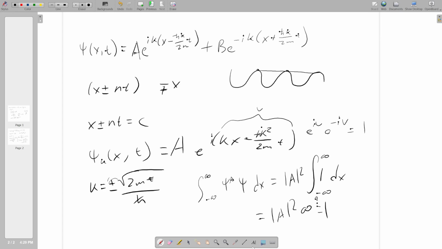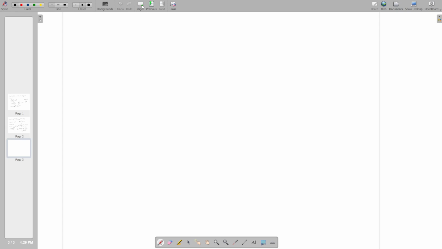We get a range of k's, not just a specific value. And so you'll often see this called a wave packet. And so you'll often see, if I can draw this out, let's see if I can draw this. Yeah, there we go. That's my best drawing approximation of a wave packet.